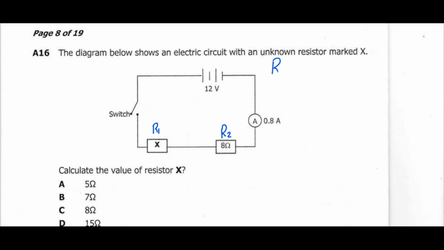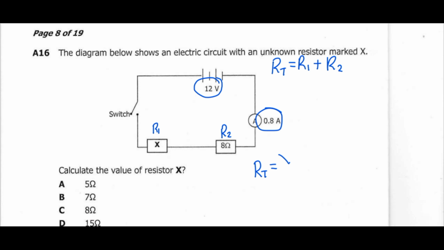The formula for total resistance, as long as it is connected in series, we just have to add the given resistances. So it's resistor 1 plus resistor 2. Resistor 1 we don't have, resistor 2 we have. So how can we find resistor 1? We are first going to find the total resistance, since we are given the total voltage and the total current.